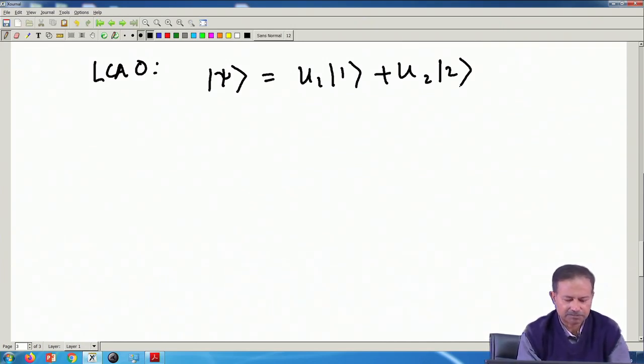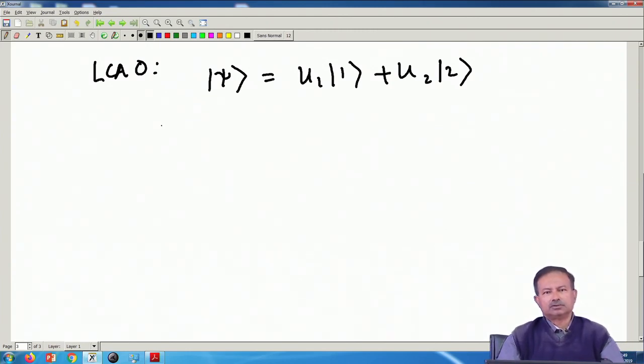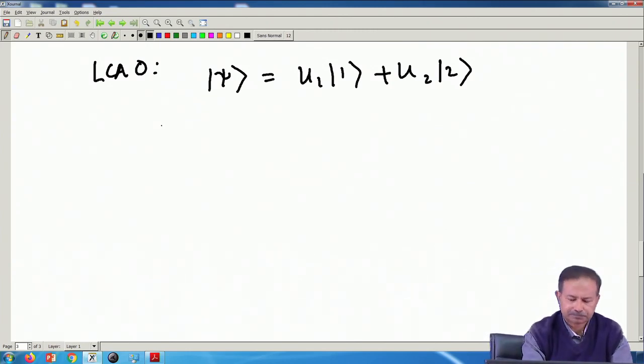The other assumption which we will make is that these two wave functions are orthogonal. Okay. So, φ1 and φ2 are orthogonal, and we will also assume that they are real.